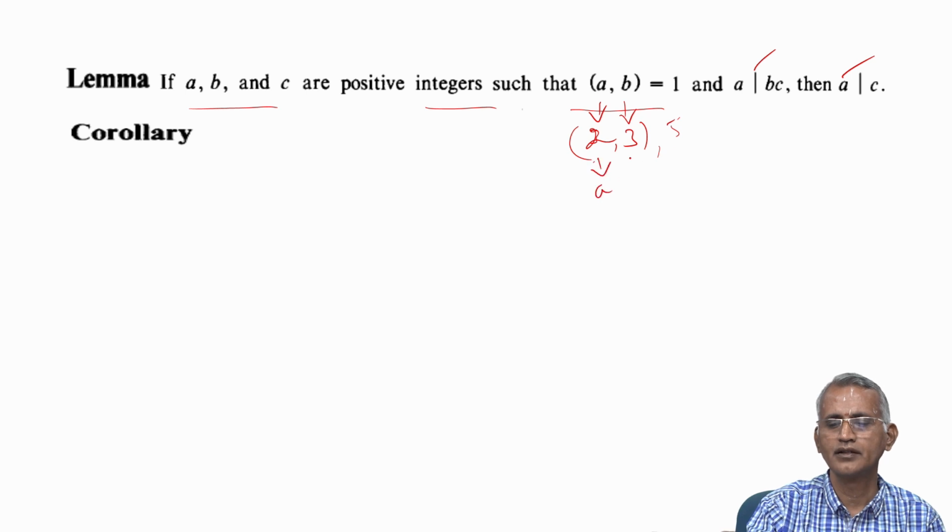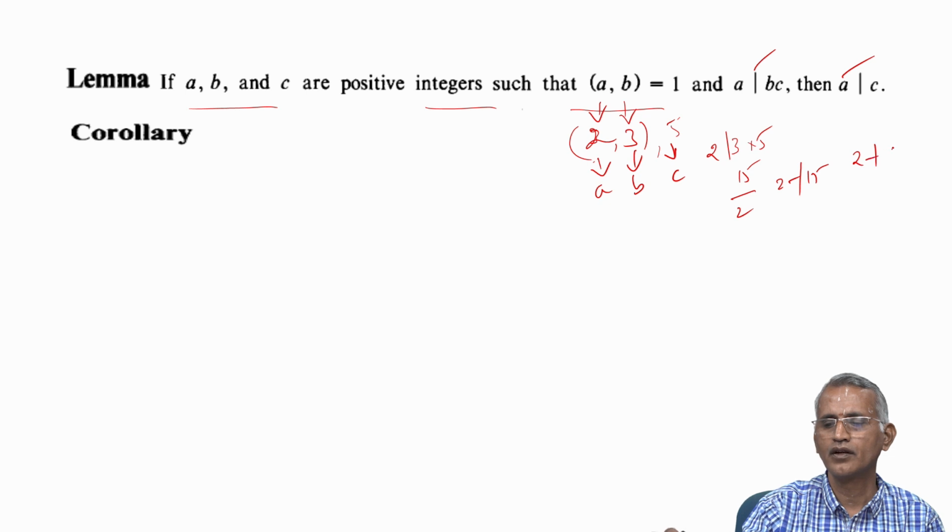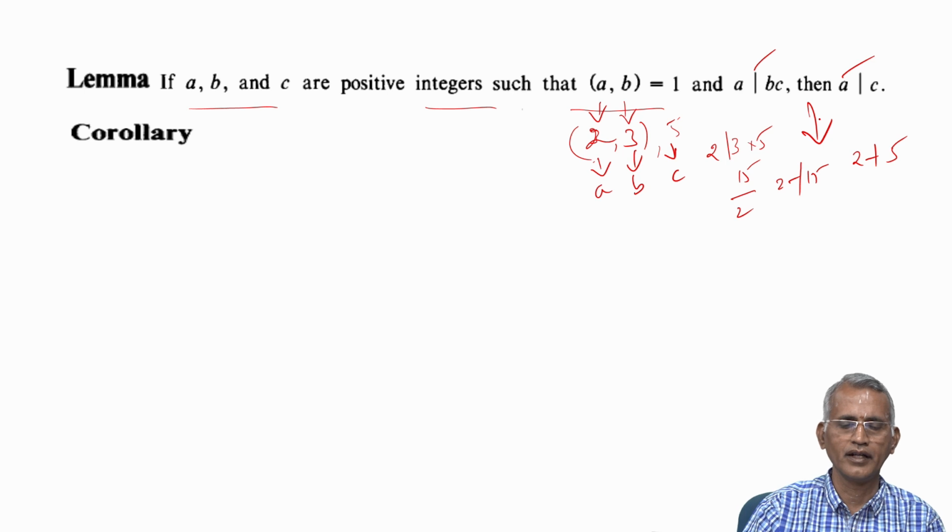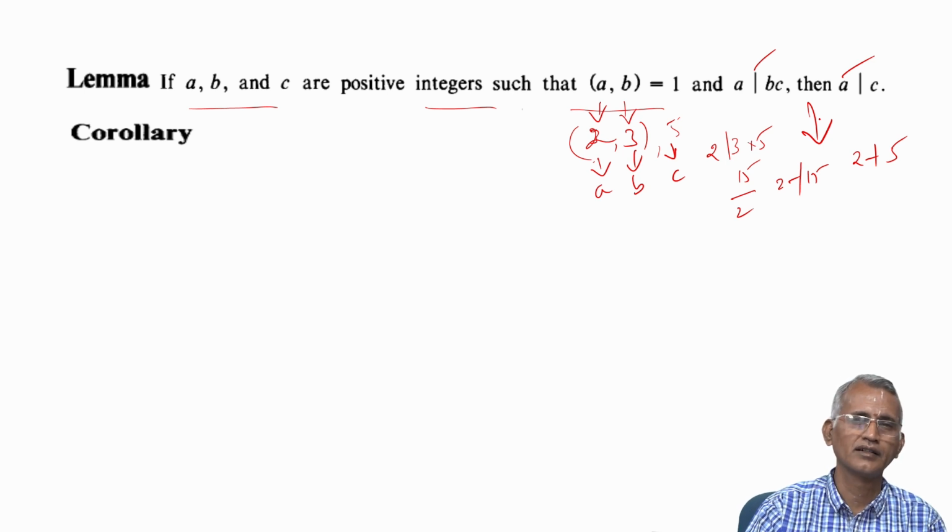So this is A, this is B, this is C. Then B into C is 3 into 5, which is 15. So 2 does not divide 15, which implies 2 does not divide 5. So it holds good the other way.